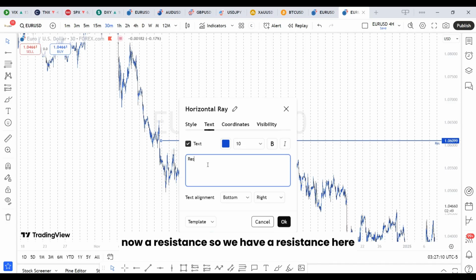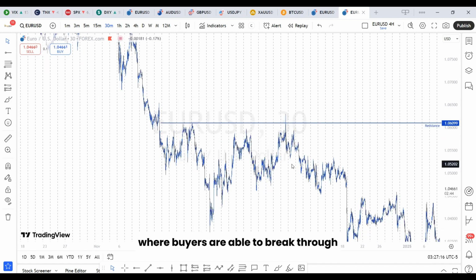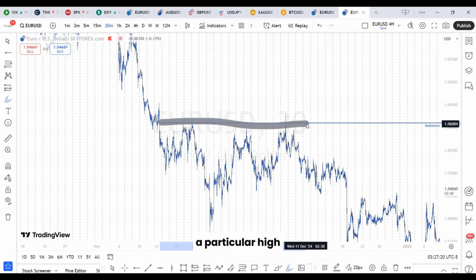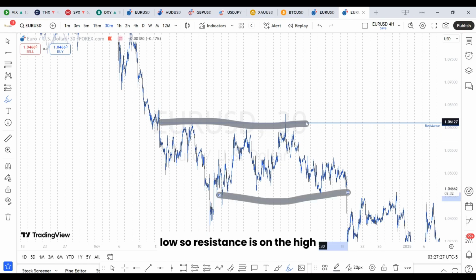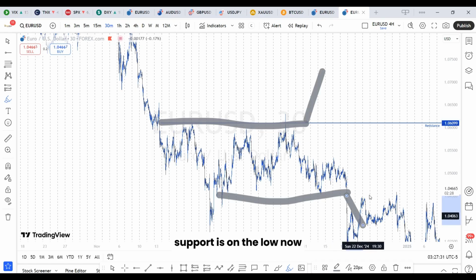We have a resistance here where buyers are unable to break through a particular high. Then support are areas where buyers are unable to break through a particular low. So resistance is on the high, support is on the low.